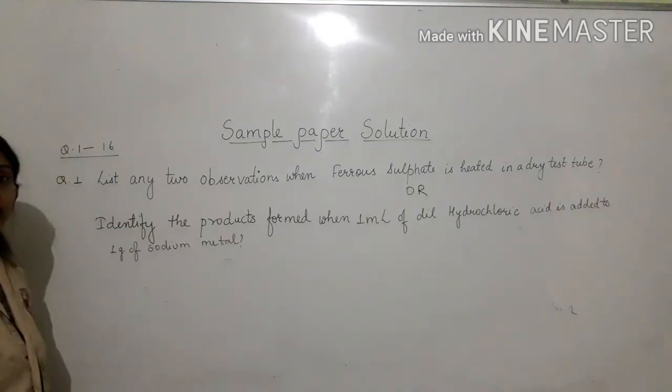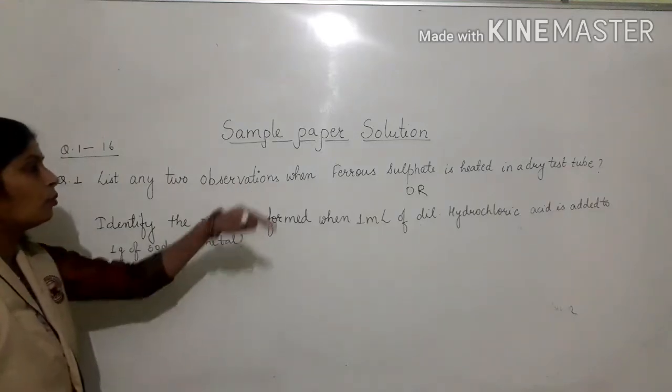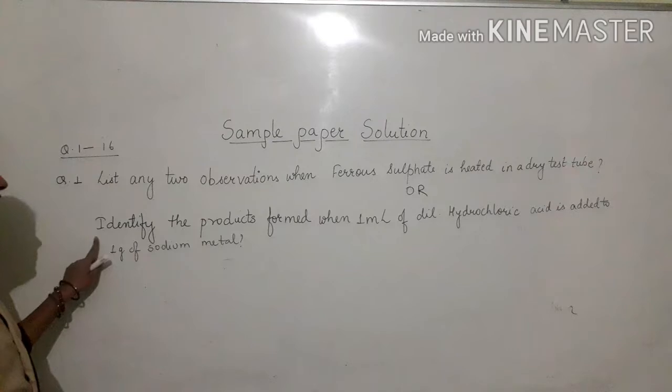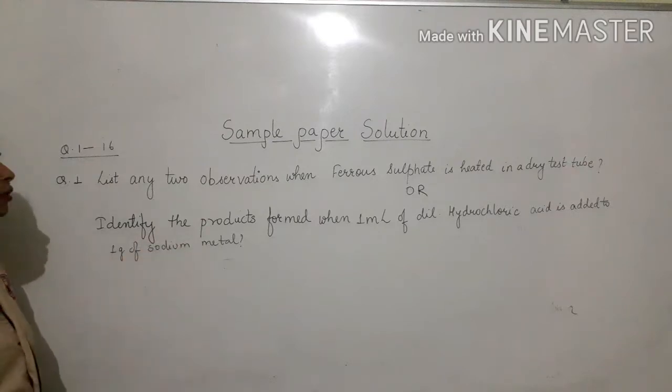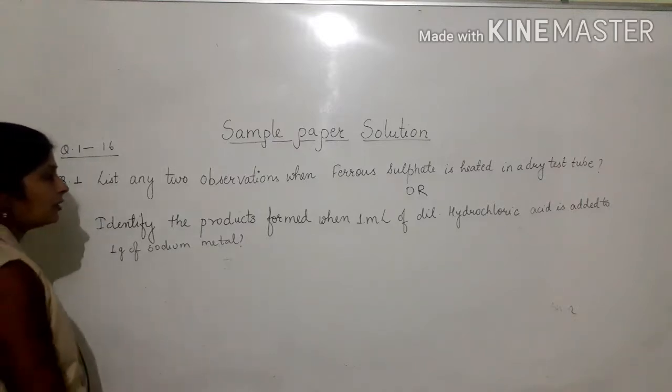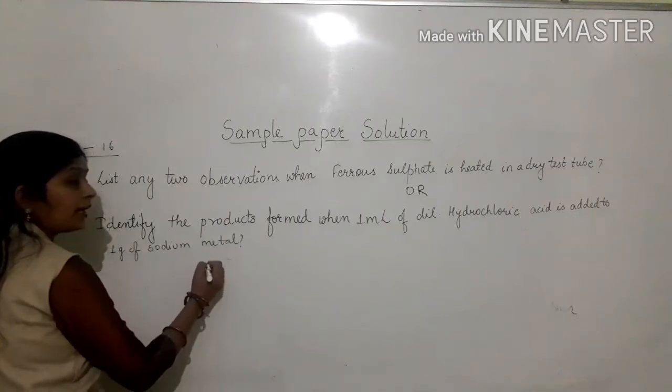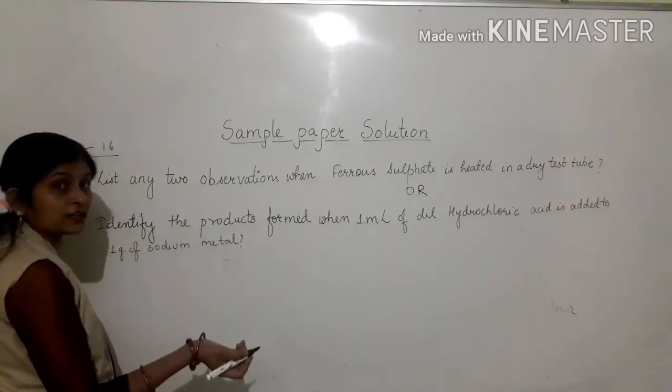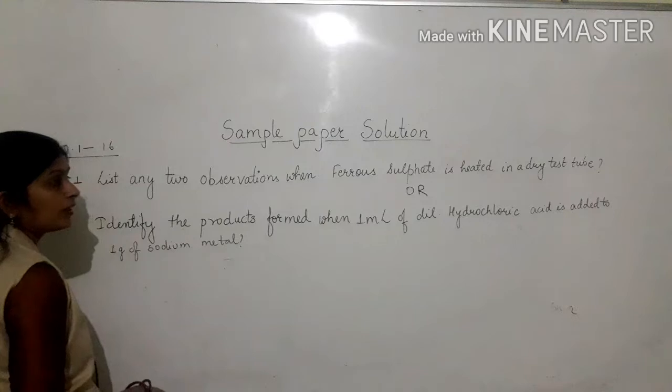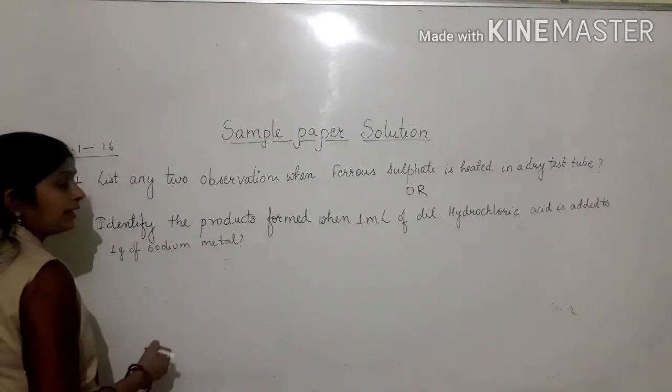There is an internal choice in question number 1. That is, identify the products formed when 1 milliliter of dilute hydrochloric acid is added to 1 gram of sodium metal. It is a very simple question. What are the products formed when hydrochloric acid reacts with sodium metal?